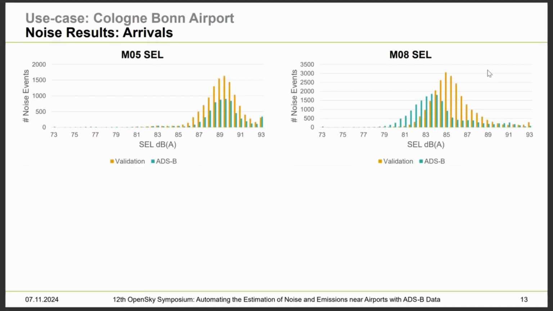Here is the whole histogram plotted for the sound equivalent level. On the left, a noise station which is quite close to the airport, the M05. On the right, a noise station which is a bit farther away from the airport, where the aircraft is not yet fully configured for landing.